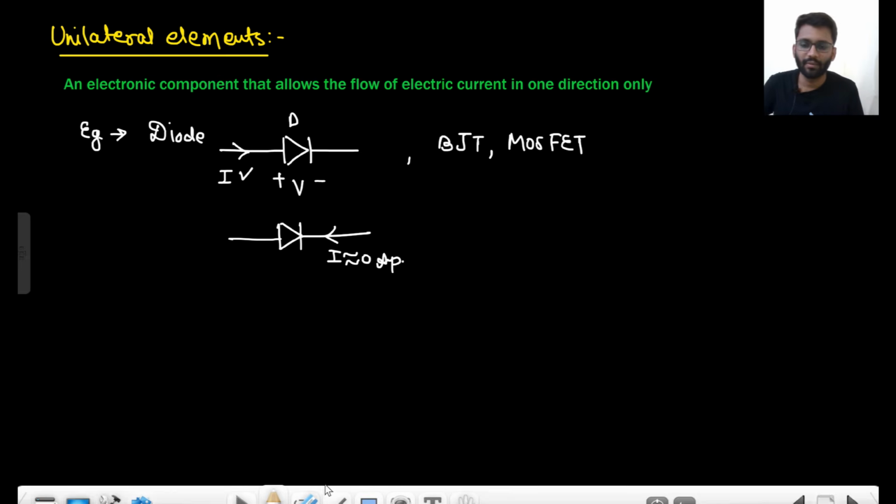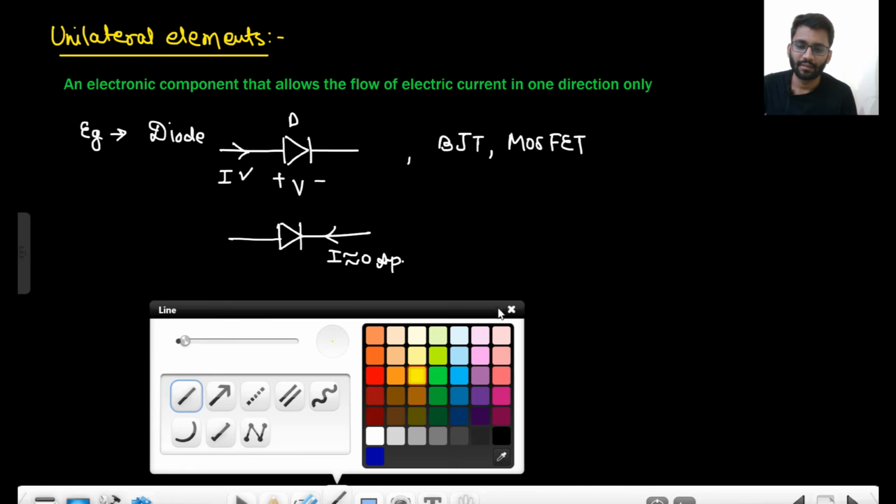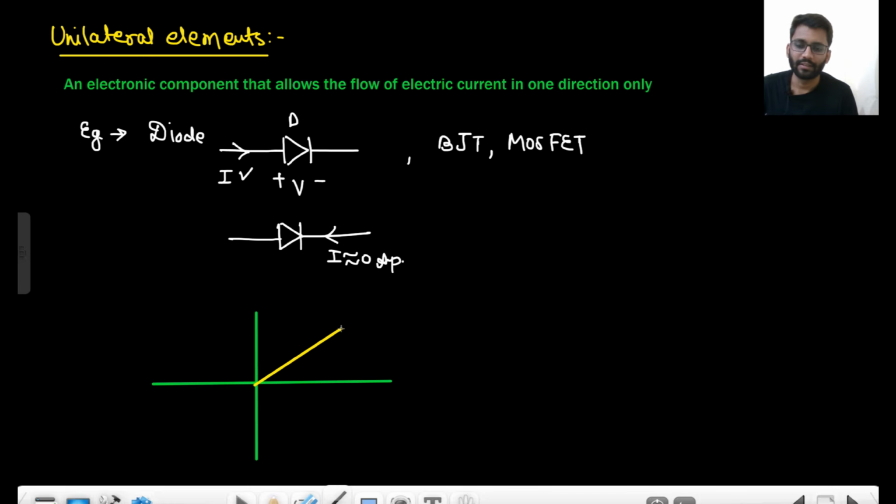Now talking about unilateral elements, they are not symmetric about origin. Now tell me, is this curve symmetric about origin or not? This is I, this is V. Is this symmetric about origin? No. Try replacing the mirror like this.